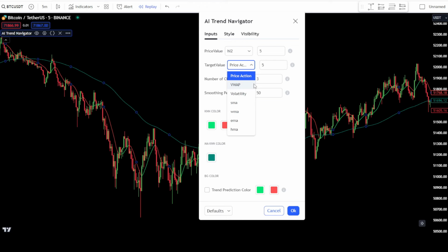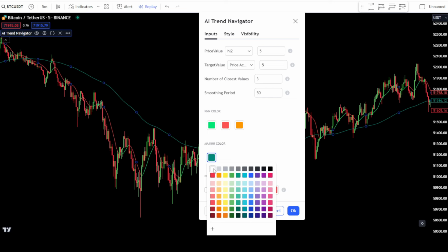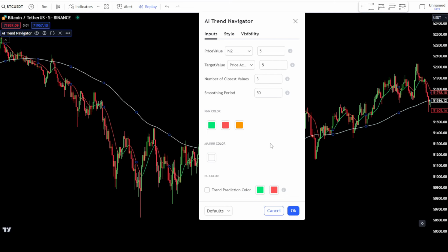You can set the target value to price action, VWAP, volatility, SMA, EMA, or other options. For other settings, you can experiment based on your specific needs. In this example, we will only change the color of the MAKNN to a different one for better visibility. Once you've made the necessary adjustments, click OK to confirm the changes.